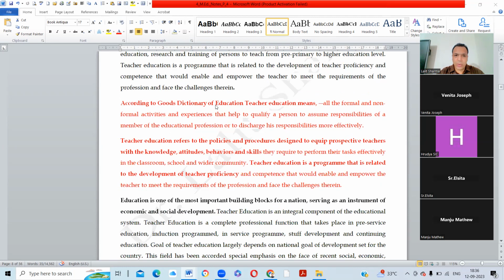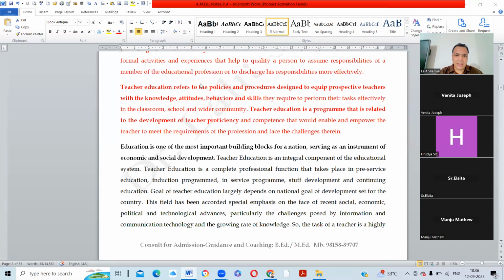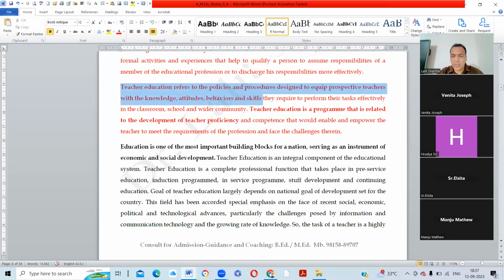According to the Good's Dictionary of Education, teacher education means all the formal and non-formal activities and experiences that help to qualify a person to assume the responsibilities of a member of the educational profession or to discharge his responsibility more effectively. Right? Teacher education, now you can expand that. Teacher education refers to the policies and procedures designed to equip prospective teachers.